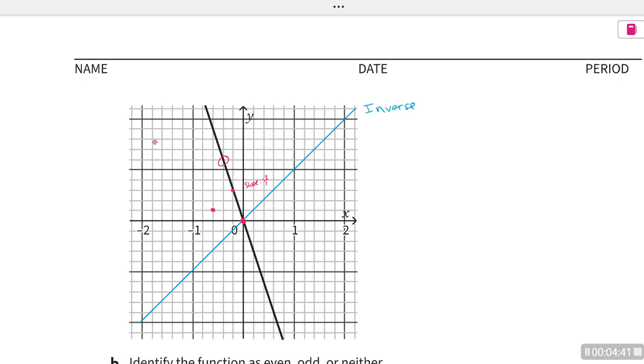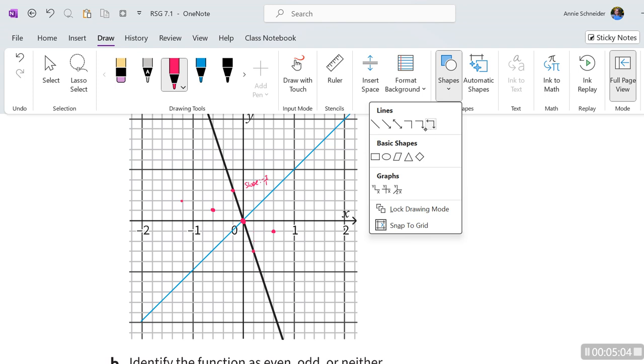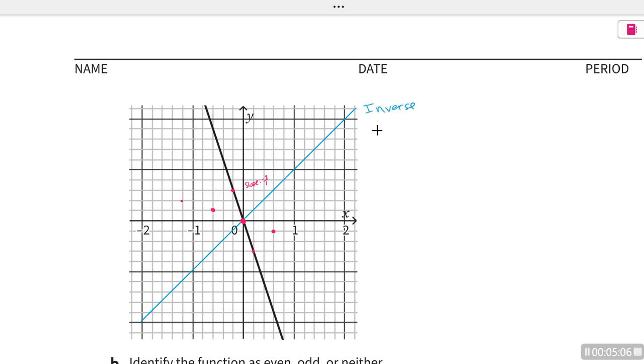So I can go up 1 and over 3 again, and that's where that point transforms to. So I'm going to do that a couple times. Instead of right 1, down 3, I'm going to go right 3 and down 1. And that's enough to connect our points since this is linear.